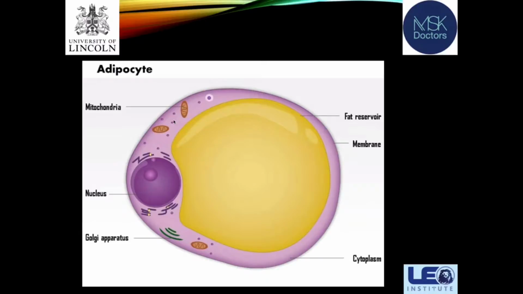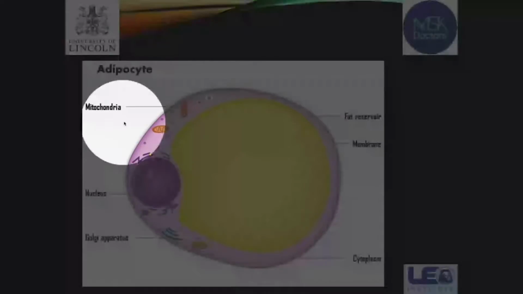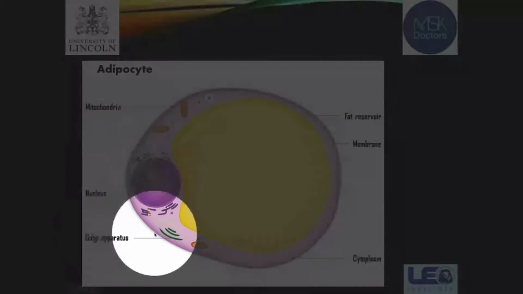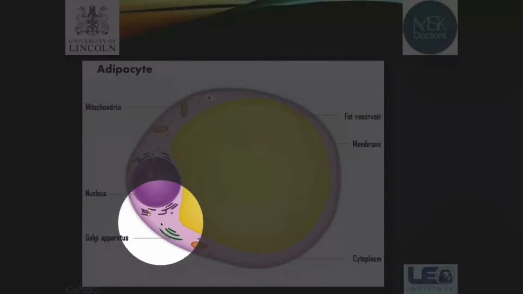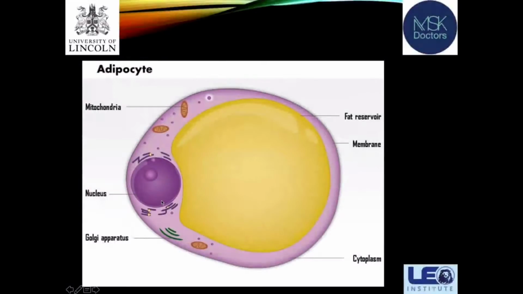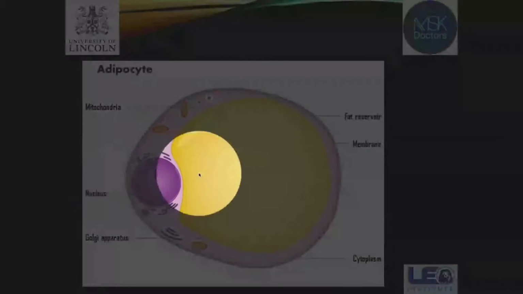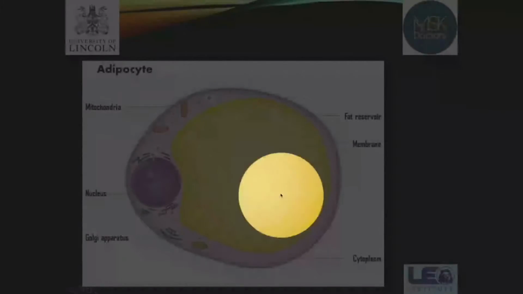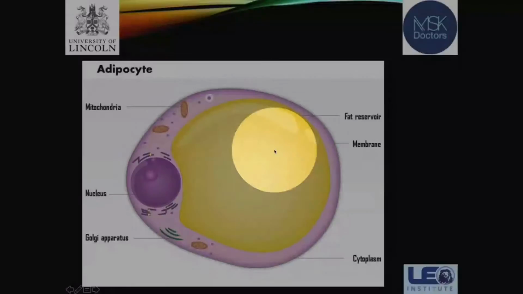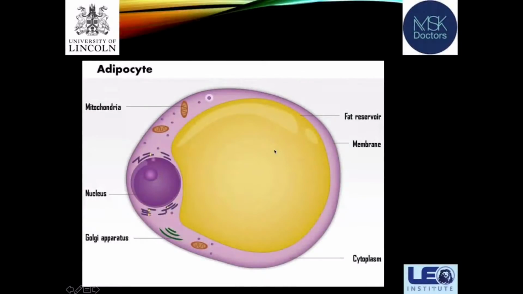If the cell wants to create anything, the nucleus will send some signal to the Golgi apparatus to make some molecules that help the cell communicate, move, and develop. The more important thing is that most of the fat cell is filled with fat. And then, of course, there's a cell membrane around it, and that is the anatomy of a fat cell.